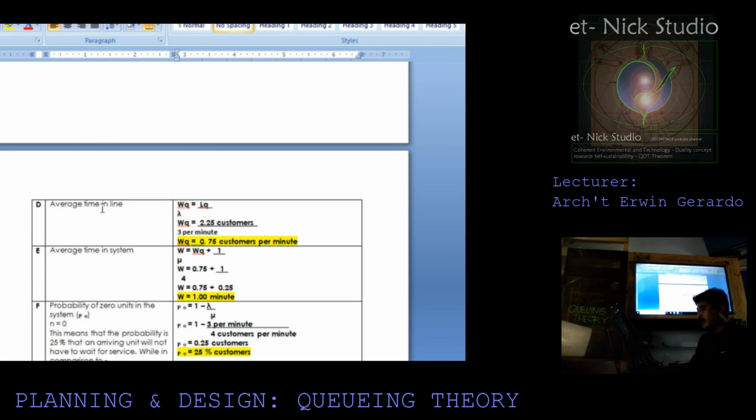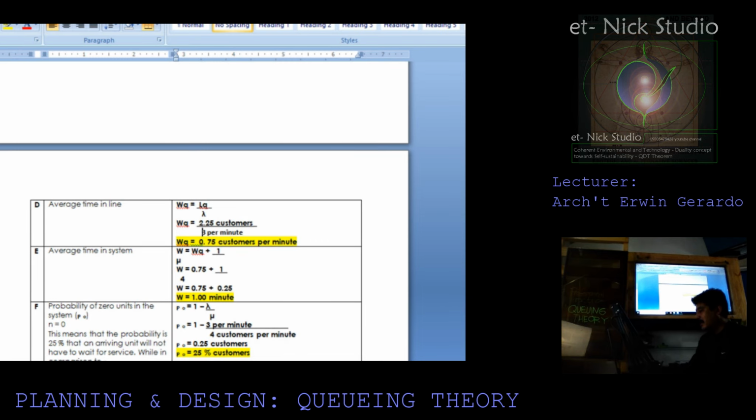So the average time in line, we are already discussing here the waiting time, where WQ is equivalent to LQ divided by alpha. So the average time spent waiting by the customer per minute is 2.25 customers divided by 3 minutes, which is equivalent to 0.75 customers per minute.